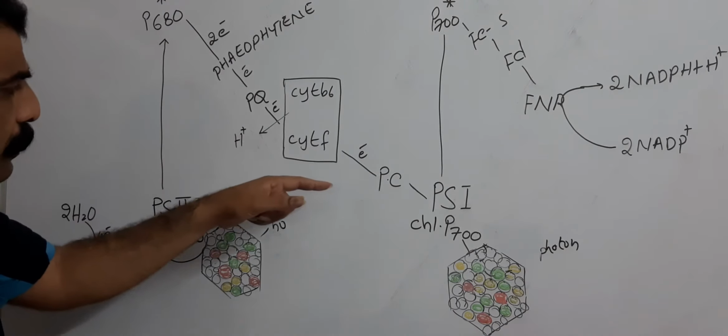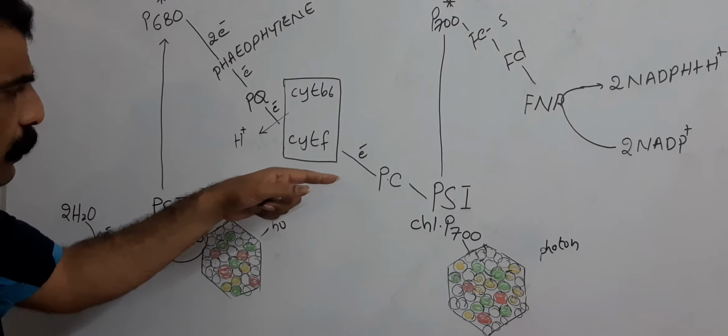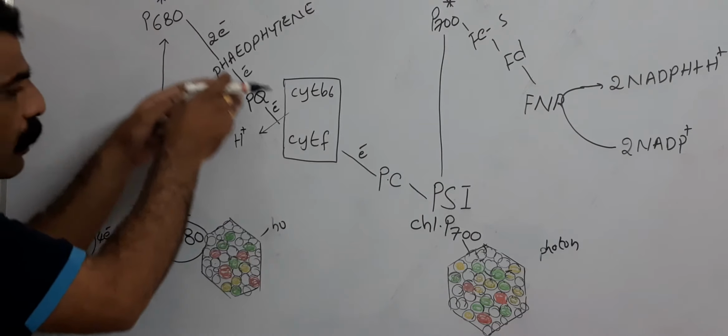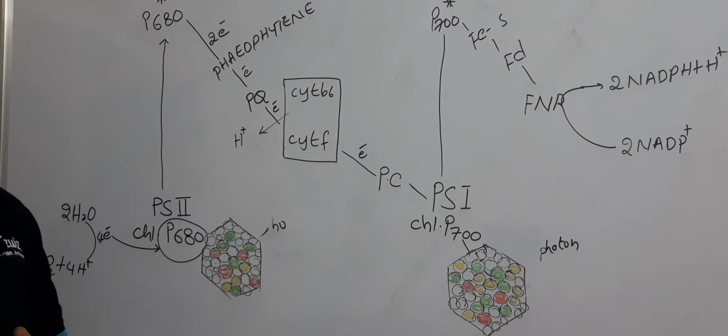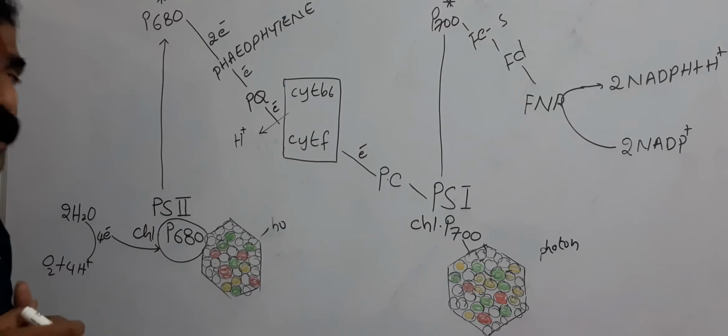The electron transport chain is nothing but a series of intermediate electron carriers over which the excited electrons are transferred downhill. In this downhill journey, at every step, some amount of energy is released.